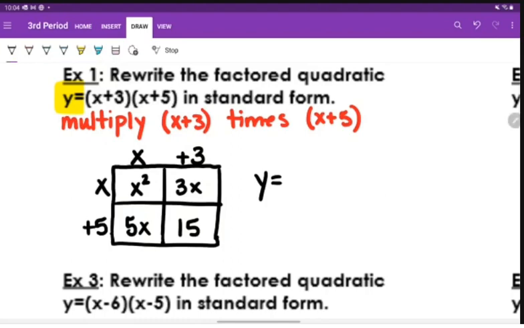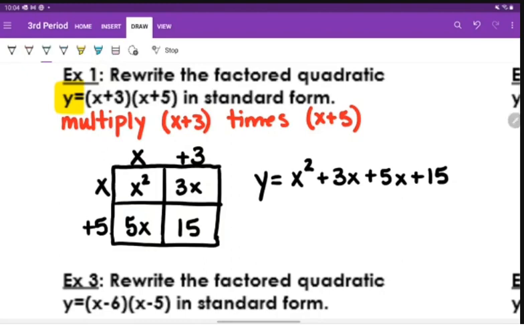So we'll take the 4 terms that are in those boxes and rewrite them with plus signs or minus signs between them. These all happen to be positive, so we'll have positive x squared plus 3x plus 5x plus 15. So we're just rewriting what's in the box outside.